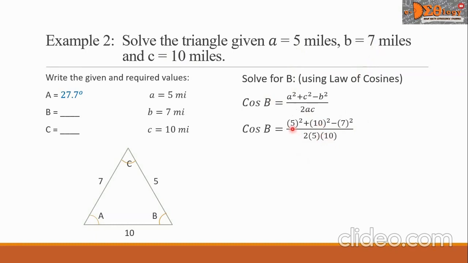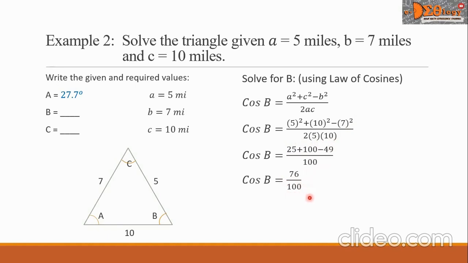Simplifying further, 5 square is 25 plus 10 square is 100 minus the 7 square is 49 all over the denominator, which is the product of 2 and 5 and 10, and that is 100. Simplifying the numerator, 25 plus 100 minus 49, we will get 76 over the denominator 100.